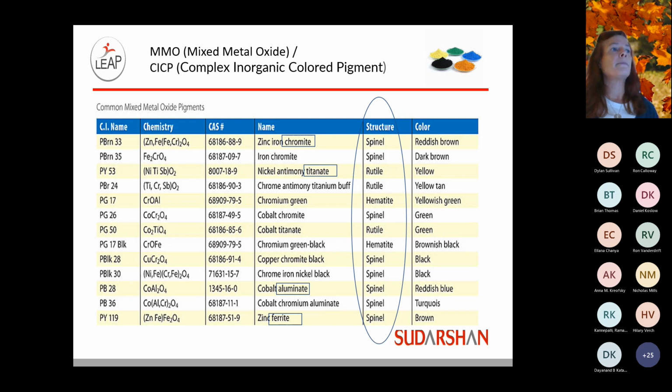Its color, and then the name of the colorant also indicates some information about what kind of substructure this item or product is classed under. So you'll see I've highlighted here chromite, titanate, aluminate, and ferrite. So that'll give you a clue as to the substructure that these fall into.